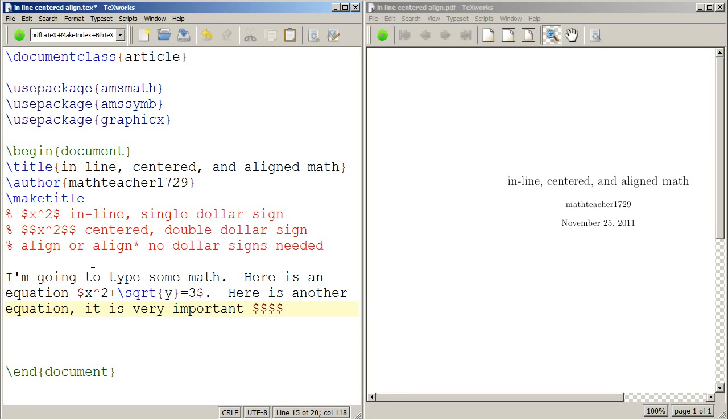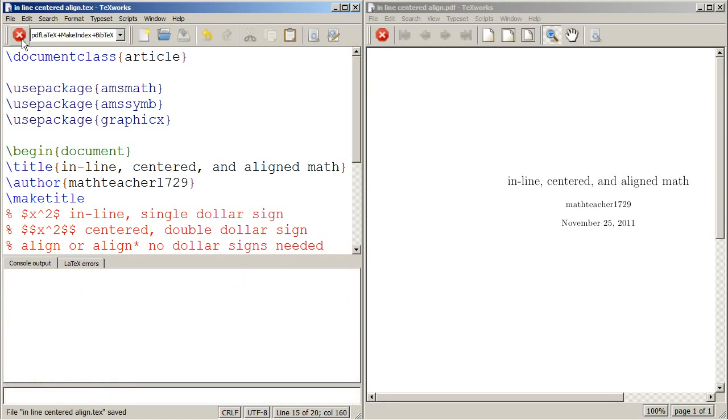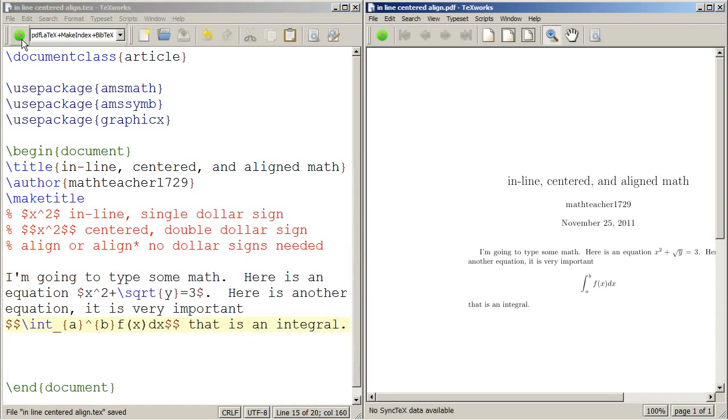I will use double dollar signs. This will center it. Let's do integral from a to b f of x dx. That is an integral. That's just showing what happens in the rest of the sentence. And then I'll show you some aligned math later. But let's compile these to notice the differences between them.